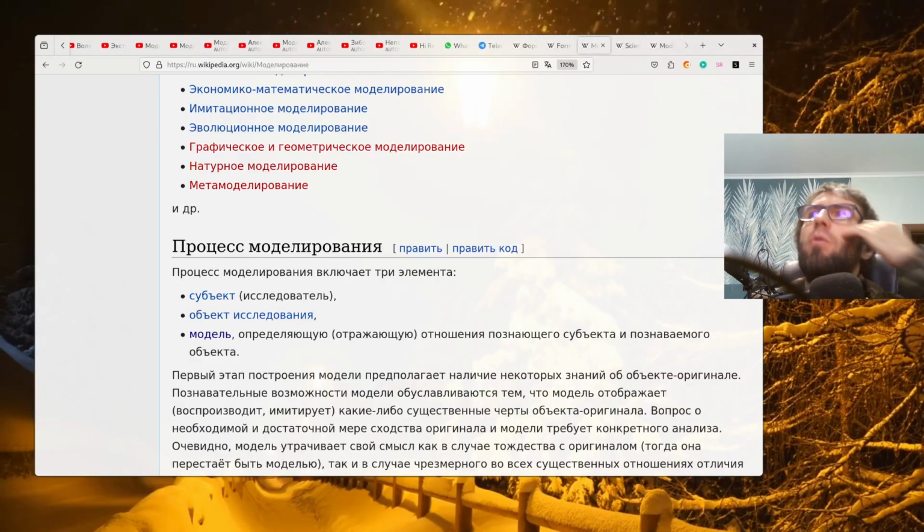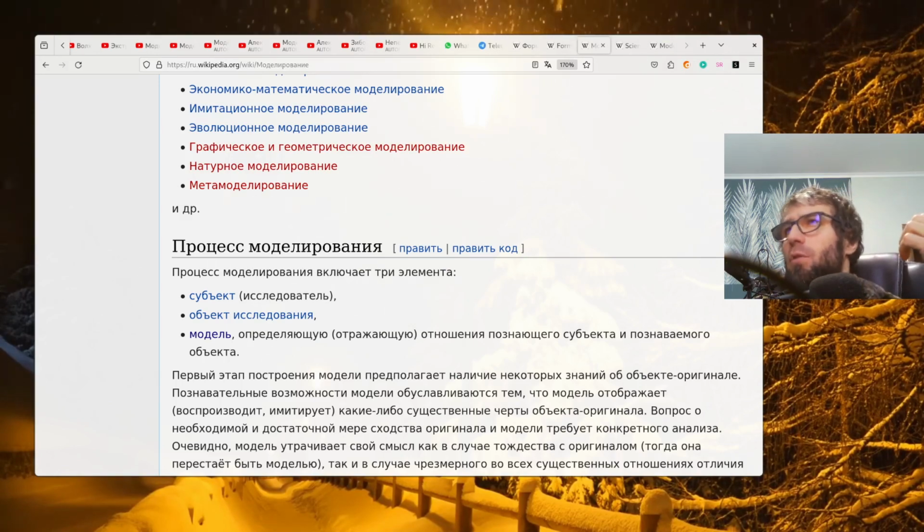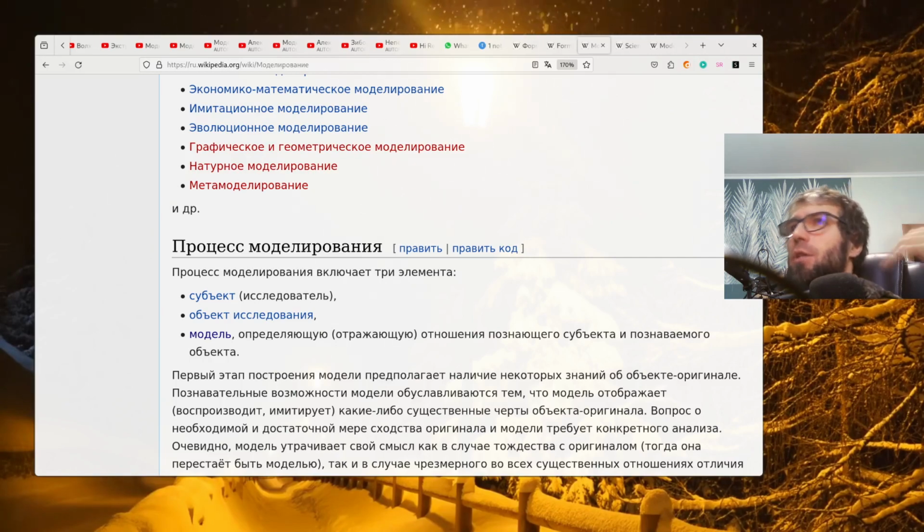The modeling process includes three elements. The first element is the researcher itself. The second element is the object of study. And the third element is the model itself. It is produced by a researcher, who then explores the object of study. And this model defines or reflects the relationship between the cognizing subject and the cognizable object.